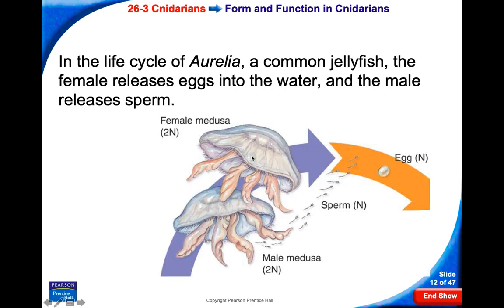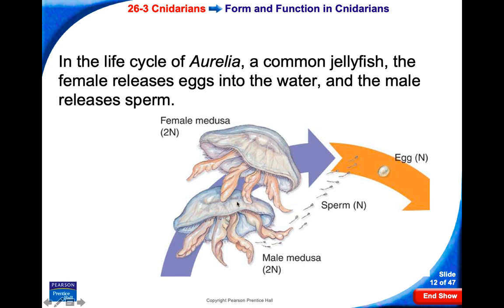So here you have a female medusa and you have a male medusa. In this case, unlike with sponges where the individuals can be both male and female, when it comes to the medusa stage, there are generally ones that are strictly female and ones that are strictly male. And so here we have Aurelia, the genus Aurelia.